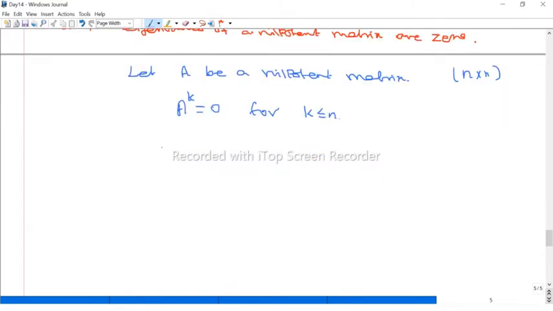Now we know this. Suppose we take some eigenvalue lambda. We have to show that the eigenvalue should be 0. Let lambda be an eigenvalue of the matrix A. Now we are going to prove that lambda should be 0.